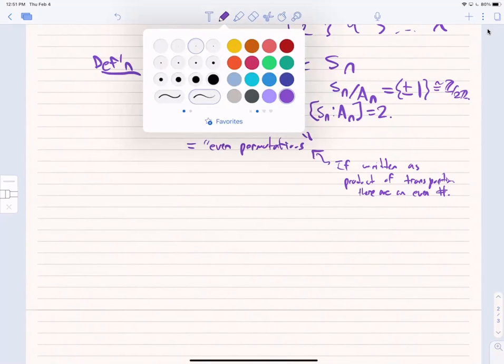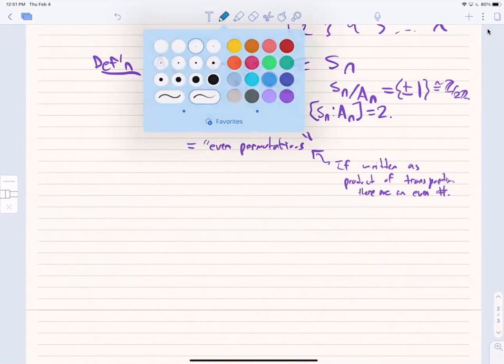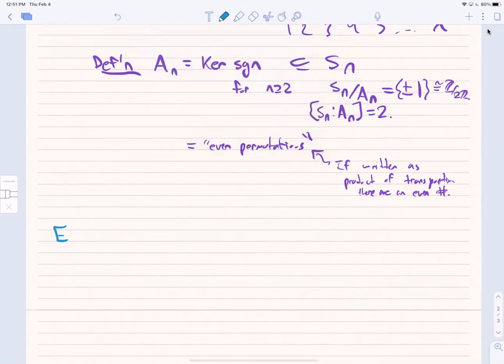So we'll show A_5 is simple by a counting argument.